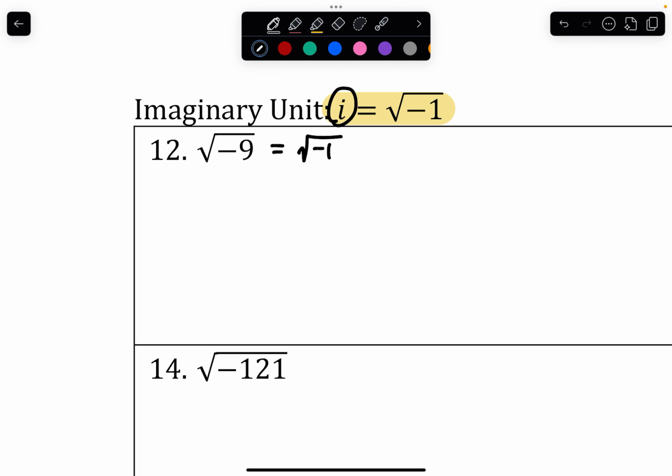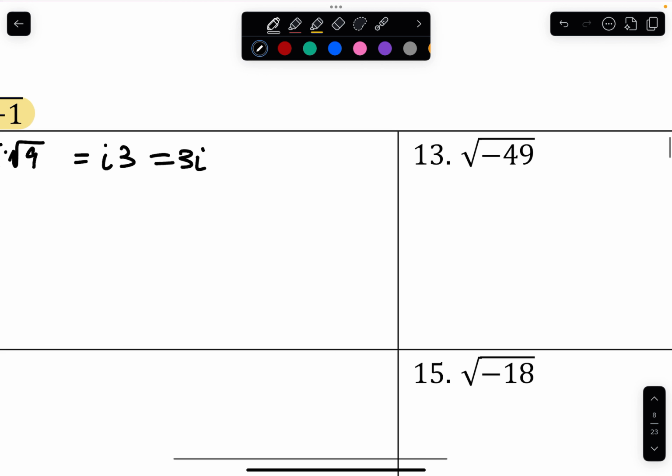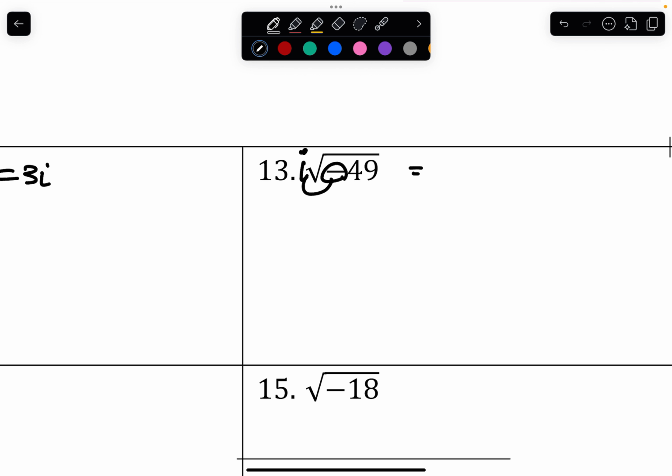Break it up into square root of -1 times the 9, which would give us I3, which is the same thing as 3I. So whenever you see a negative, just take an I outside the radical, and then take the square root of that positive number, which is just 7.